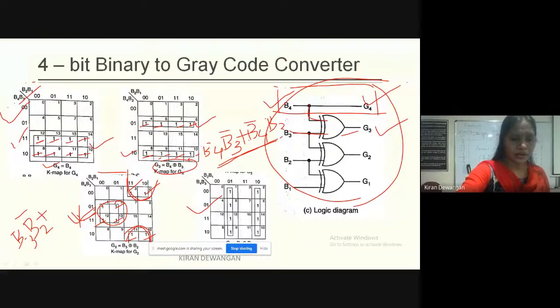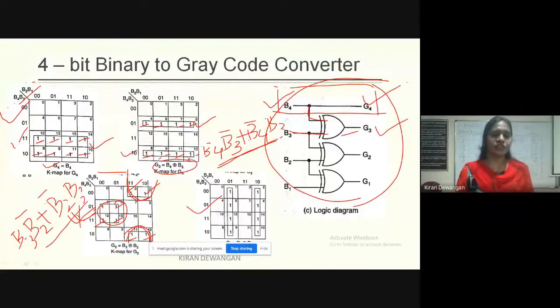B2 bar and B3. Okay. So B3, B2 bar, B2 bar, B3. So what is it? It's nothing but B3 XOR B2. Clear? Similarly, we'll get the expression for G1. That is our last gray code bit.